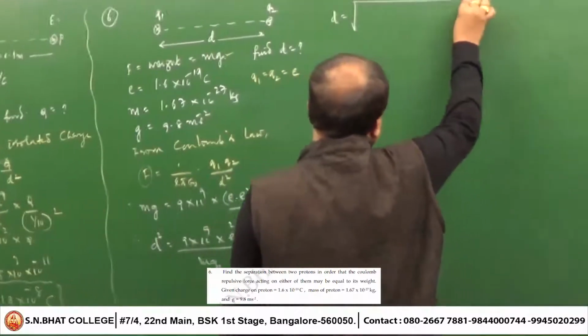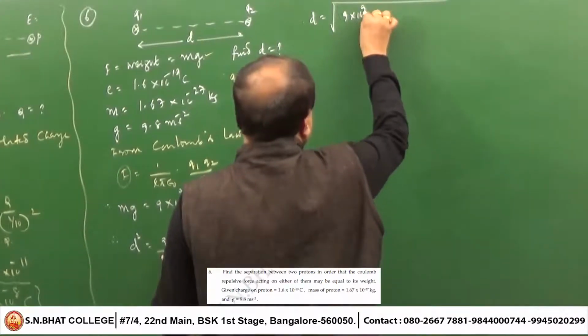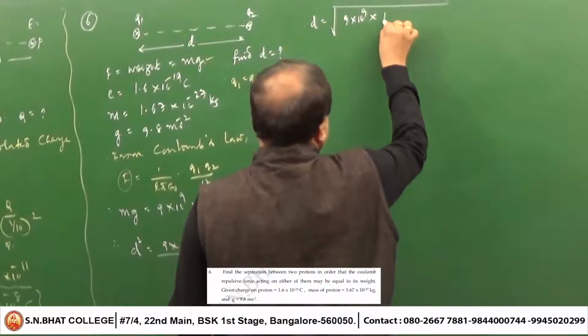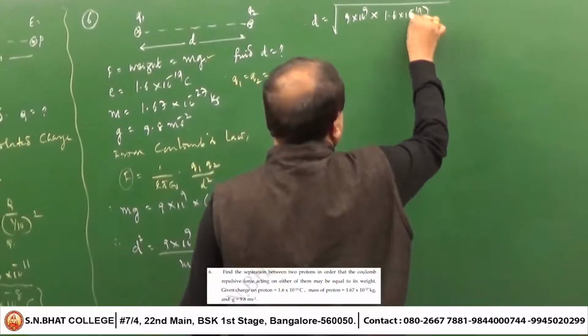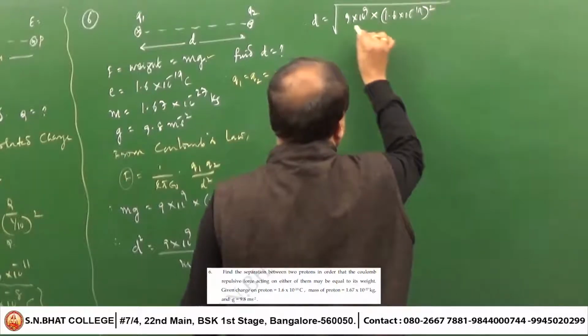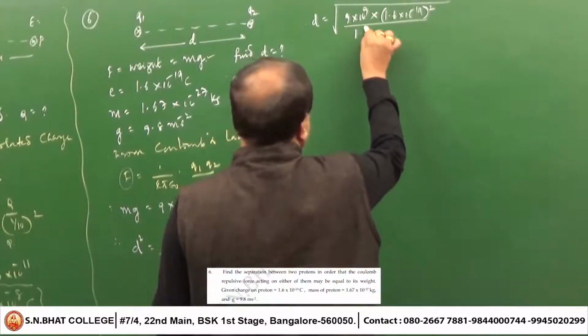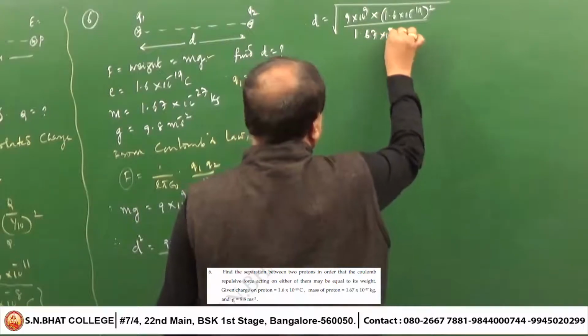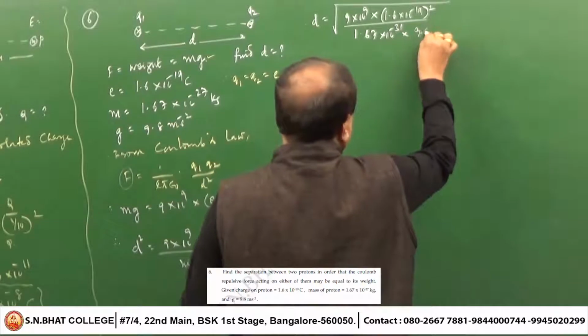square root of 9 into 10 to the power of 9 into E into E, 1.6 into 10 to the power of minus 19 square, whole divided by m value, which is equal to 1.67 into 10 to the power of minus 31, into g value, which is equal to 9.8.